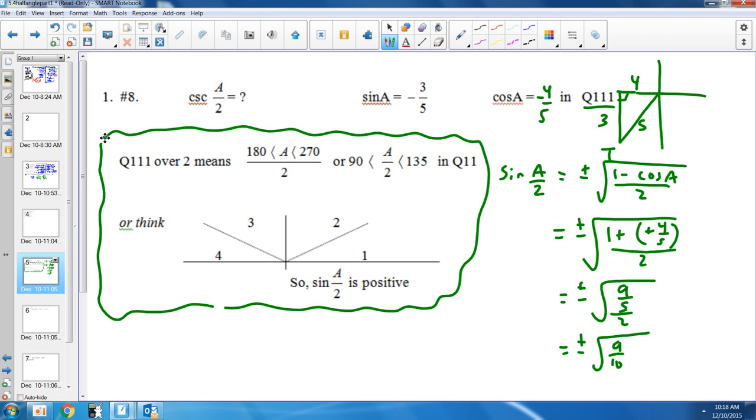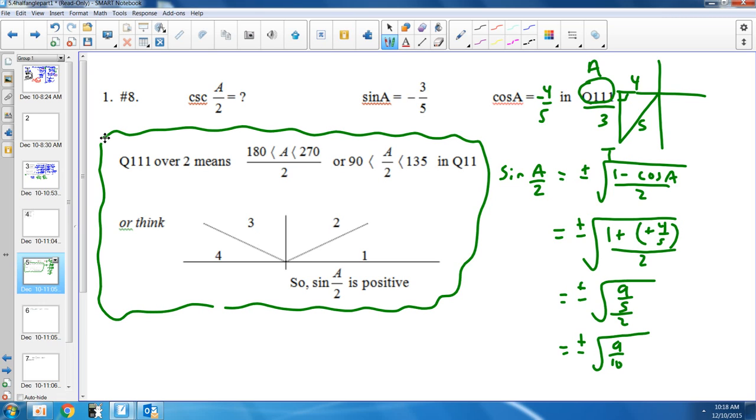And now we come up with this plus or minus business that we have to talk about. Which one do we choose? Now, the problem is that you're given that the A right here is in the third quadrant. That's A. However, when you're doing this, you're talking about A divided by 2 now.